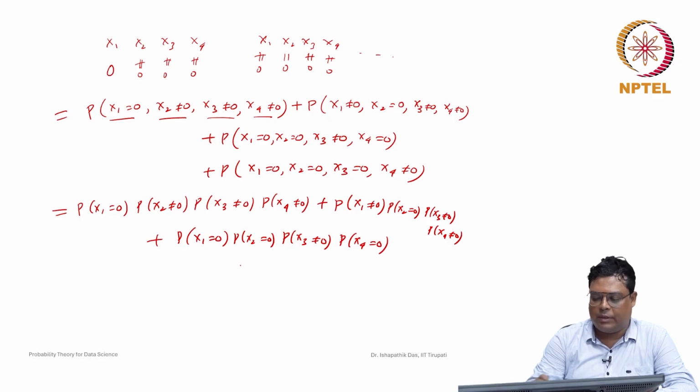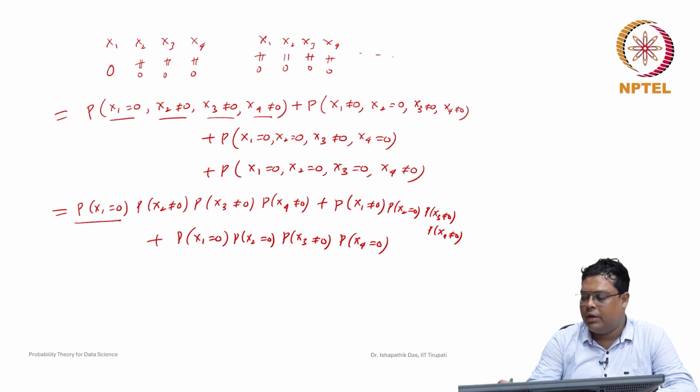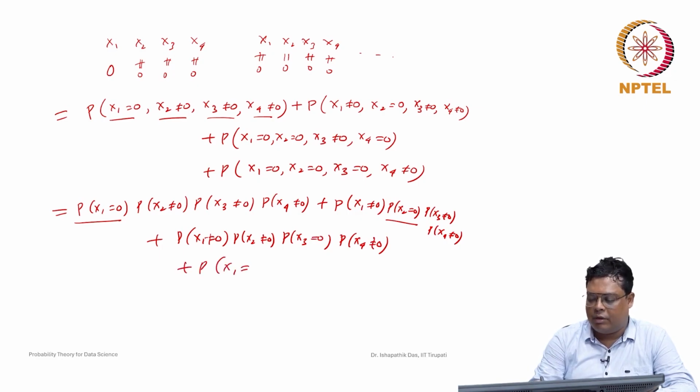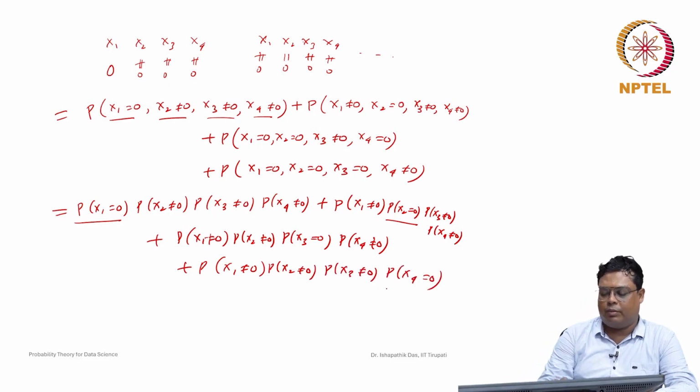I just made some mistake here. In case 1, x1 is 0 and all others are non-zero. In that case, x2 is 0 and all others are non-zero. In the next case x1 not equal to 0, x2 not equal to 0, then x3 is 0 and x4 not equal to 0, plus probability x1 not equal to 0, probability x2 not equal to 0, probability x3 not equal to 0, and probability x4 is equal to 0. So these are the 4 probabilities.